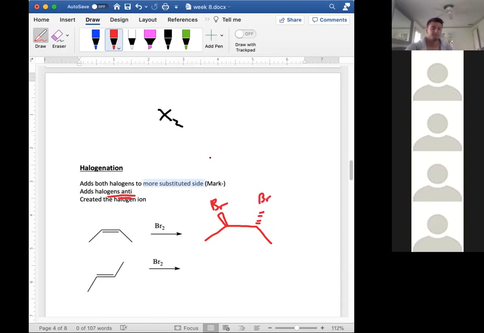That's it. All right. And he may try to throw you guys off. He's usually pretty fair, but you guys should know from chapter 5 that a single bond can rotate. And thus, if you rotate about that double bond, do you guys see how you get this?